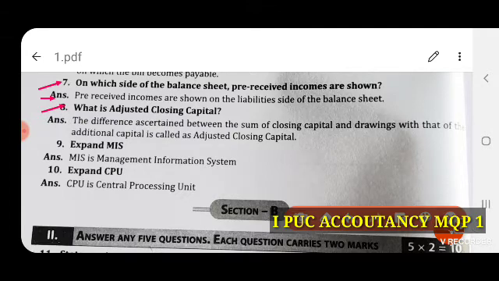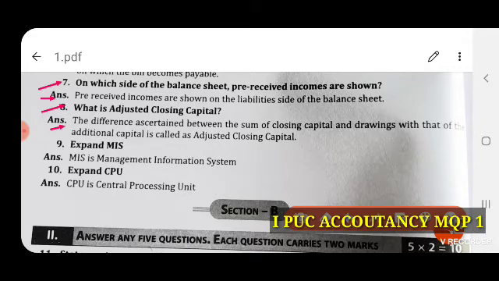Next, what is adjusted closing capital? The difference amount ascertained between the sum of closing capital and drawings and the additional capital is called adjusted closing capital. See, this adjusted closing capital we can ascertain by preparing a statement of profit and loss.